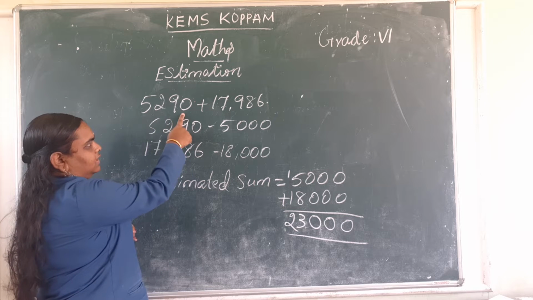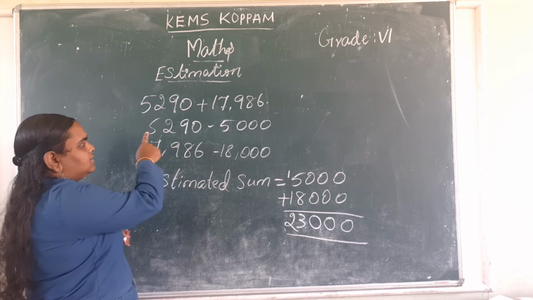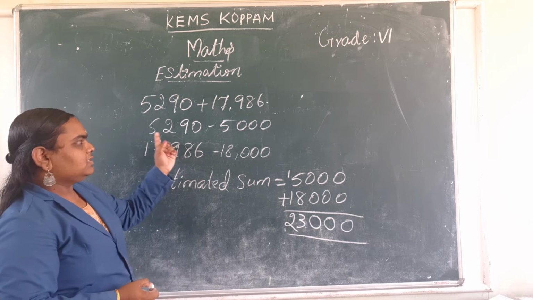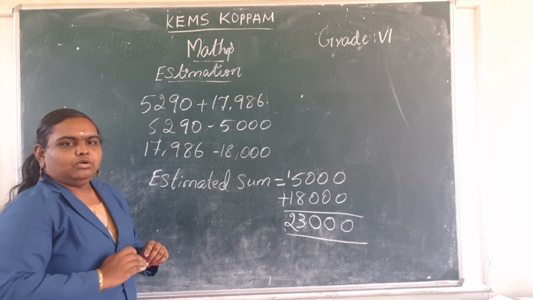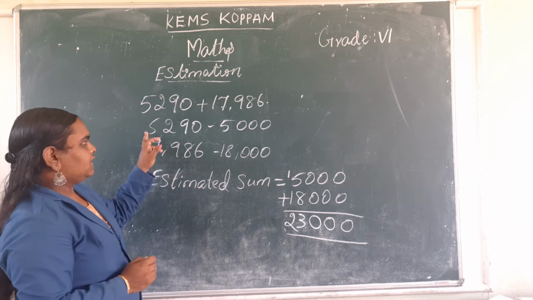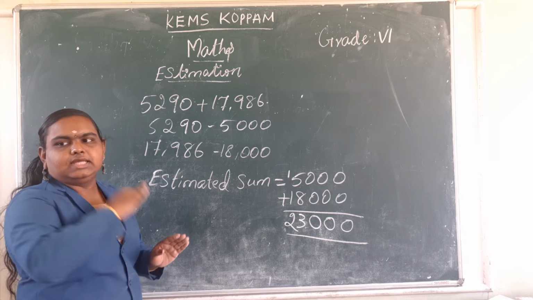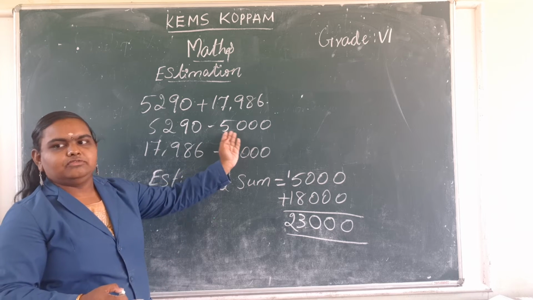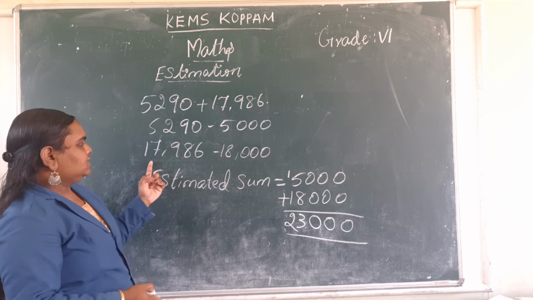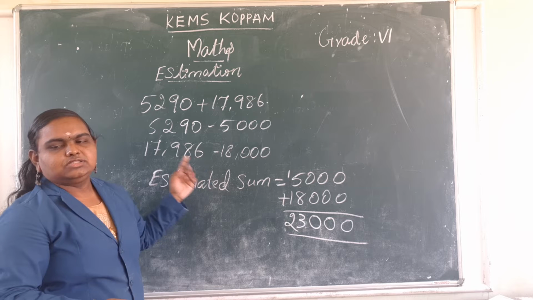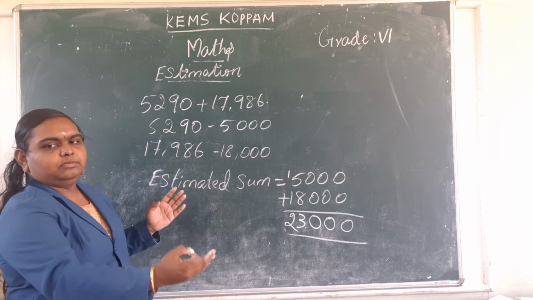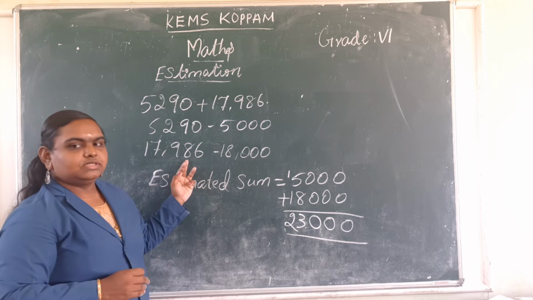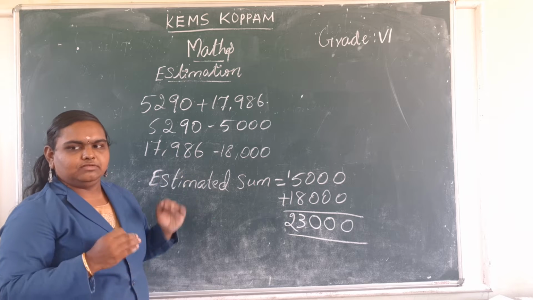The first number is 5,290, so we are converting. This number is in between 5,000 and 6,000. 5,290 is below the middle value, because 5,500 is the middle value of 5,000 and 6,000. So I am taking the lowest number, the least number, 5,000. Next one is 17,986. It is above the middle value of 17,000 and 18,000, because 17,500 is the middle value.